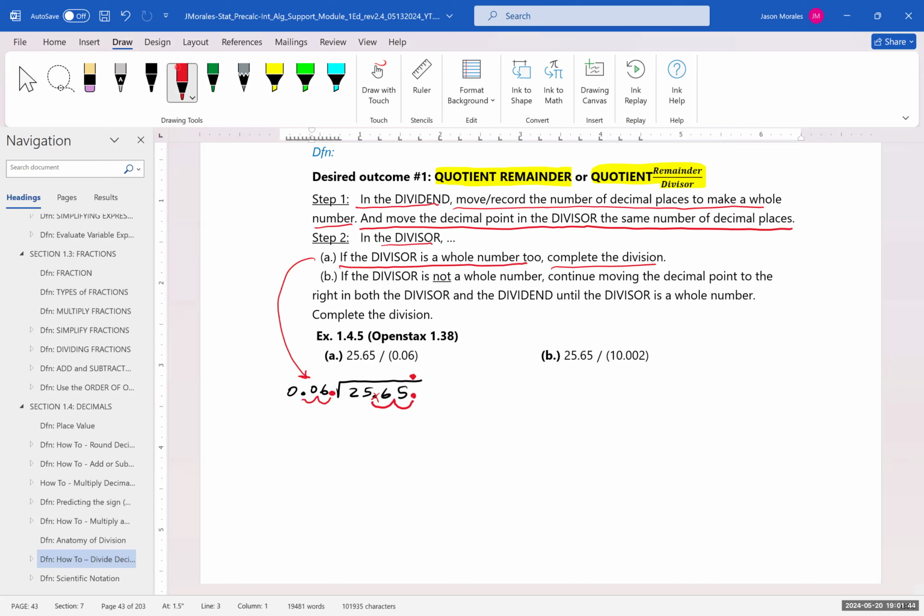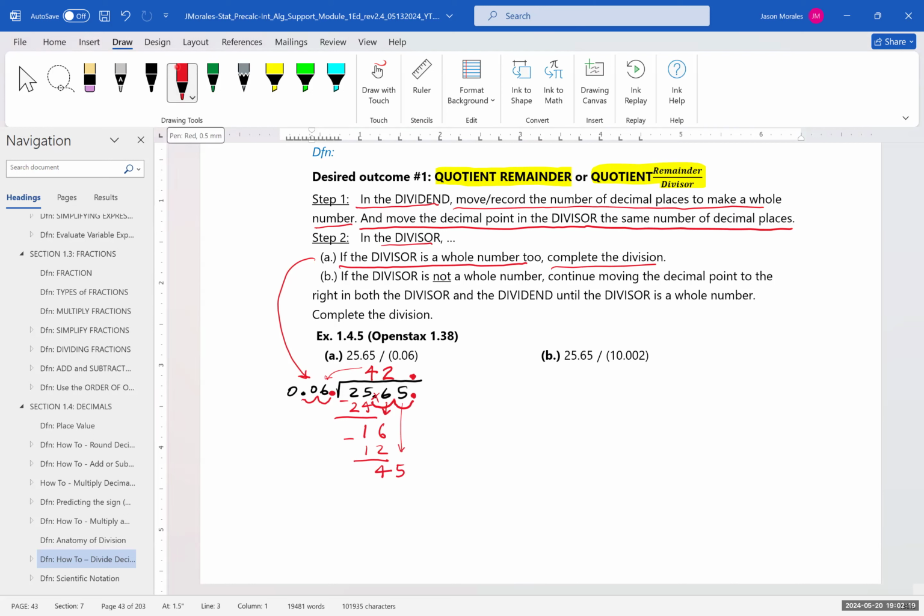So now we just need to go through and do our regular division here. So 6 does not go into 2, 6 goes into 25 4 times, and 4 times 6 is 24. And we're going to subtract those. So 25 minus 24 is a difference of 1. Drop down the 6. 6 will go into 16 at most 2 times, and 2 times 6 is 12. So the difference of 16 and 12 is 4. So now we'll drop down the 5.